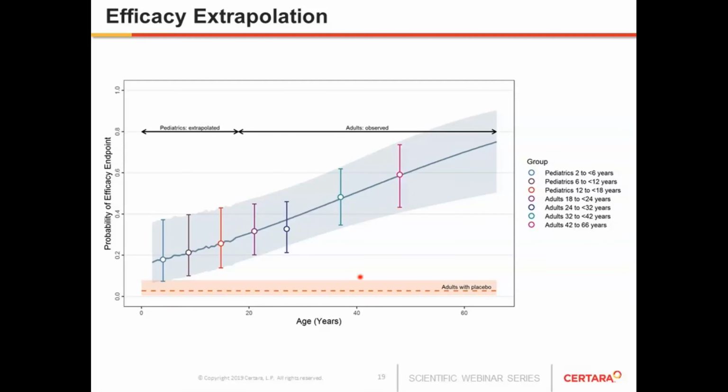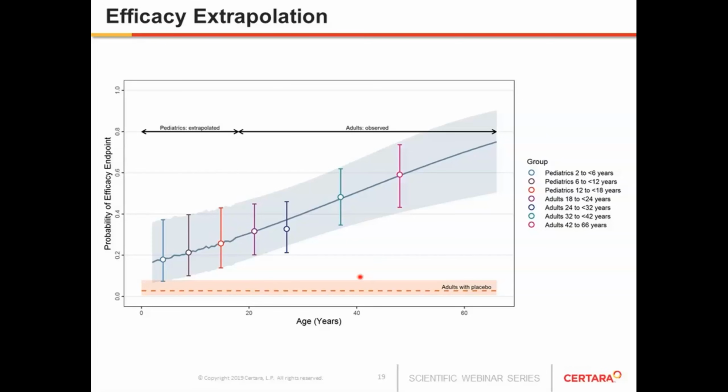This might not be the best efficacy example that sponsors like to see, like efficacy decreasing with age, but in this case, this was related to the effect of age-associated risk factors affecting the efficacy response.